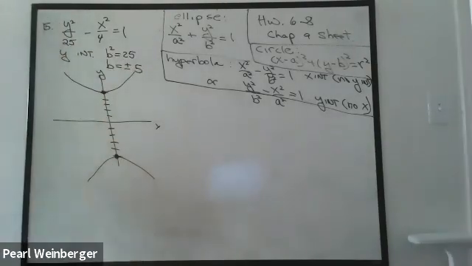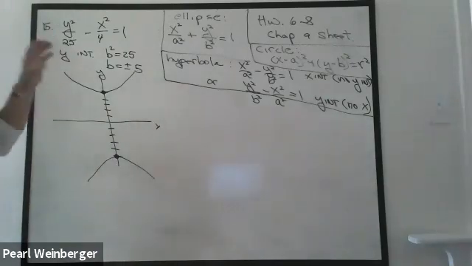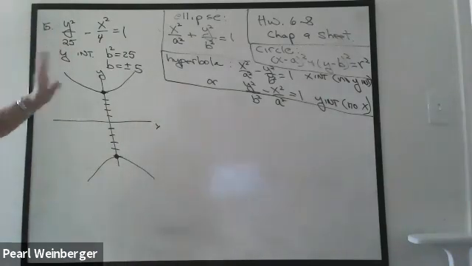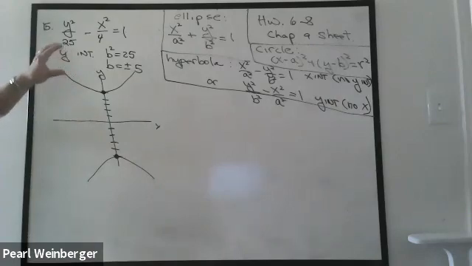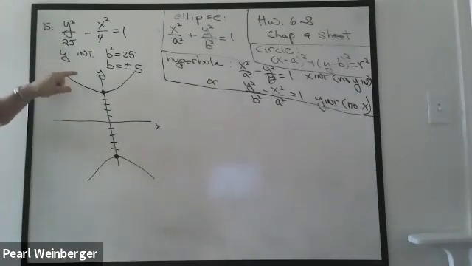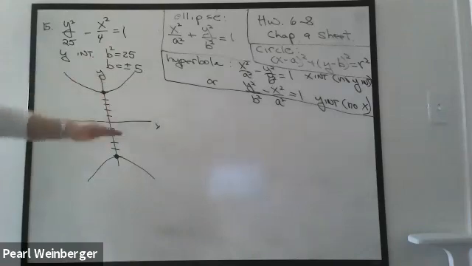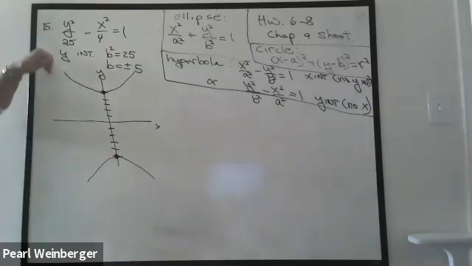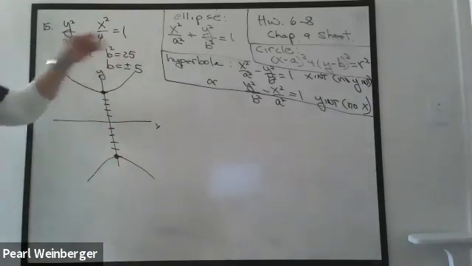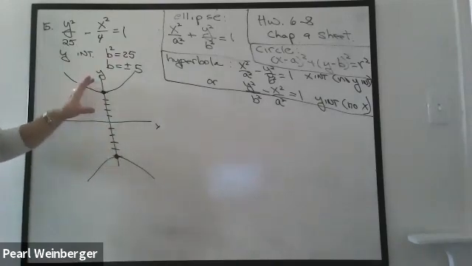They're two U-shaped things, but they're facing in opposite directions. In other words, the hyperbola has two branches. They don't touch. This does not connect to this. They just look like two U-shapes, one U facing up, one U facing down.